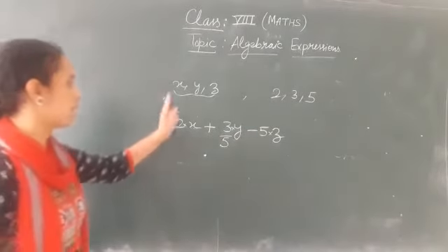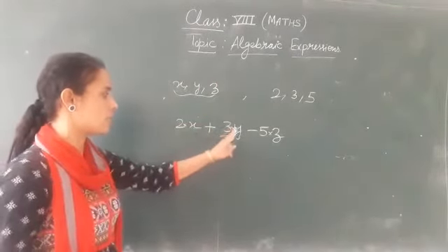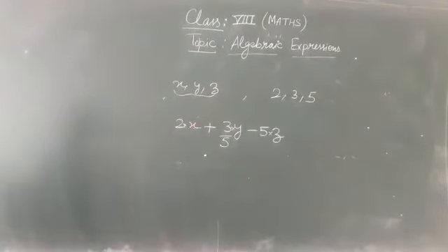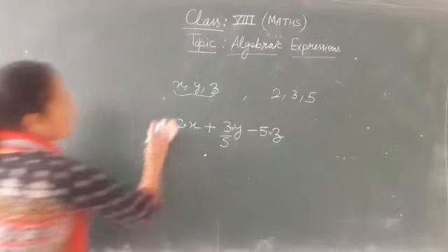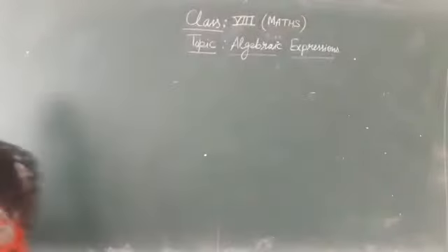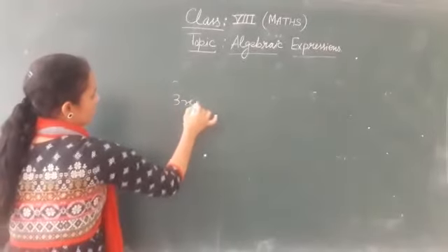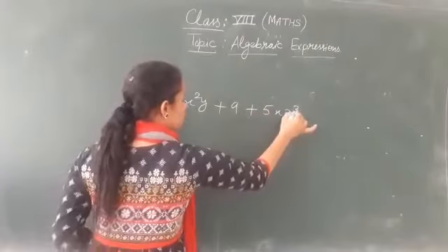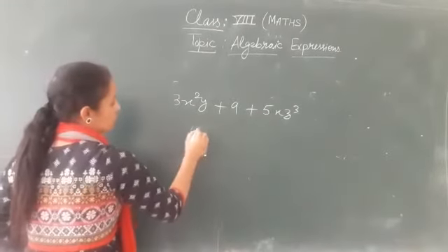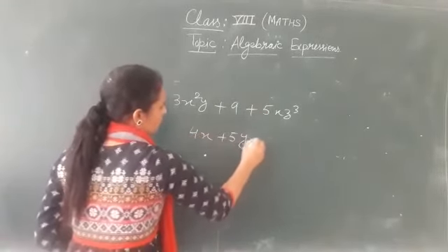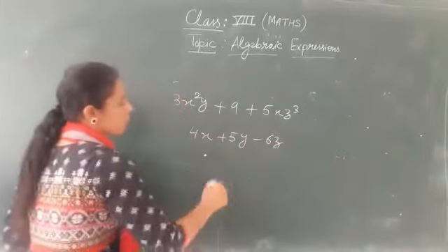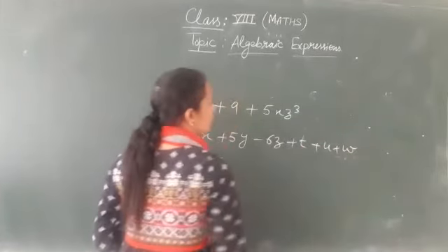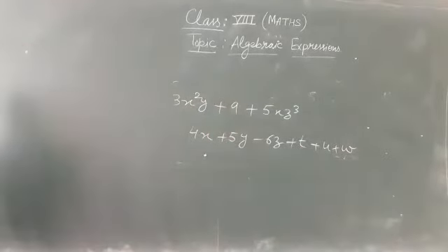So when we are connecting all these by using the fundamental signs, then this is called an algebraic expression. Such as this is an algebraic expression. This is also an algebraic expression. You can write more terms here. So all these are algebraic expressions.